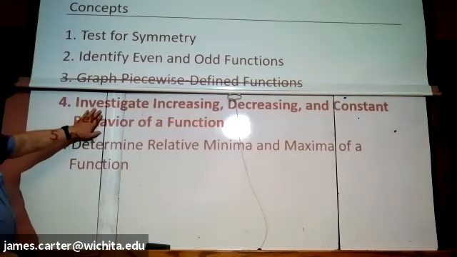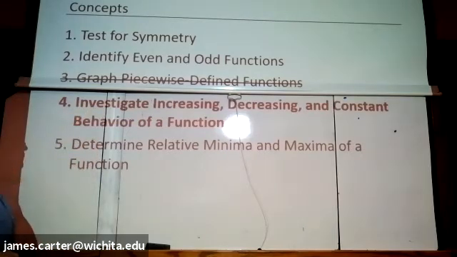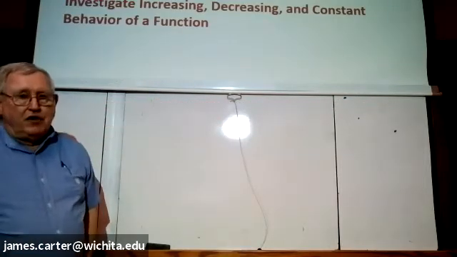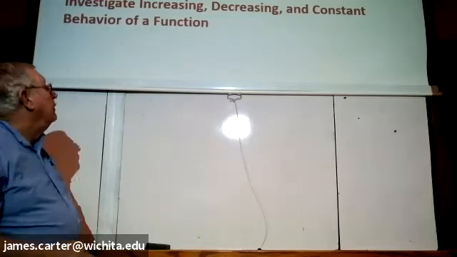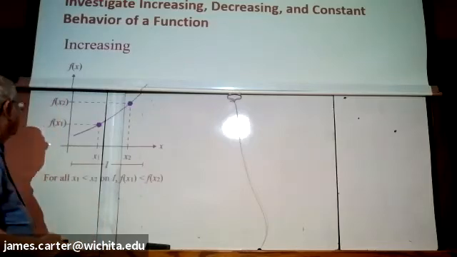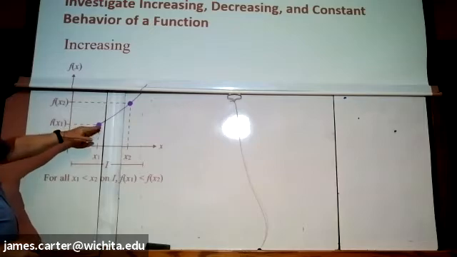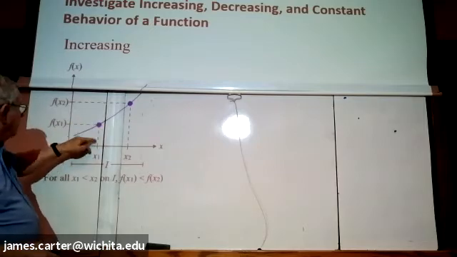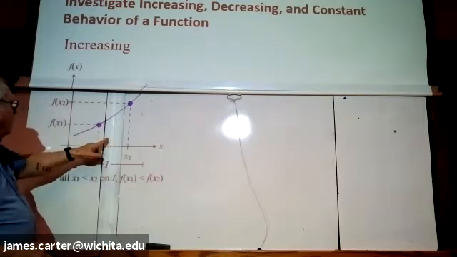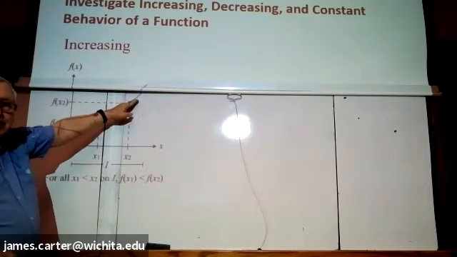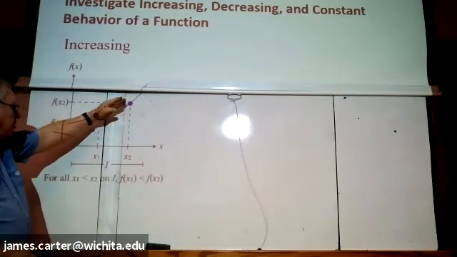Okay, this brings us to our next term, increasing, decreasing, and constant behavior of a function. This one is incredibly simple. I'm sure you're glad to have that. Okay, now, from this x value right here to this x value right here, y increases. So this one is increasing.